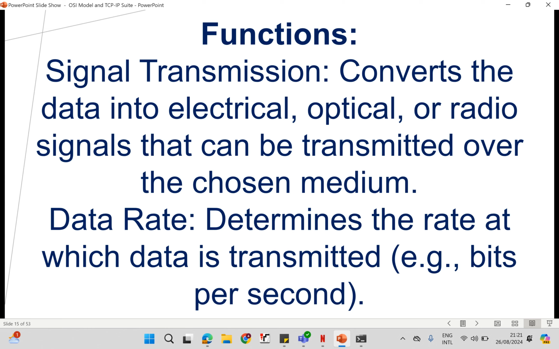From cable you move to a switch, which is layer two. From layer two it doesn't involve internet. Then you move to the internet part, which is the router, the network part, layer three.